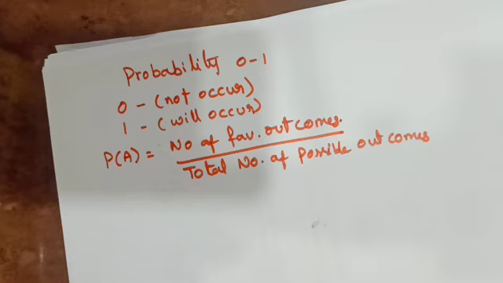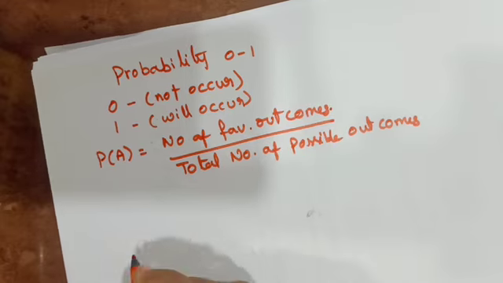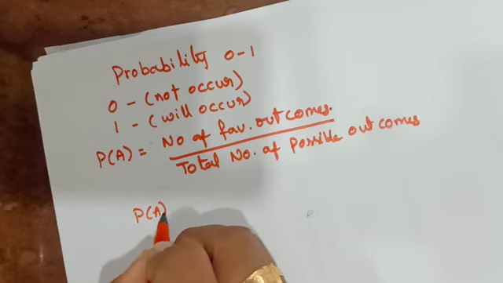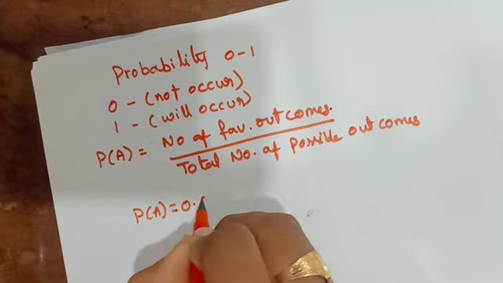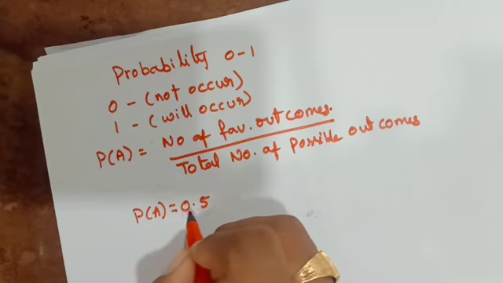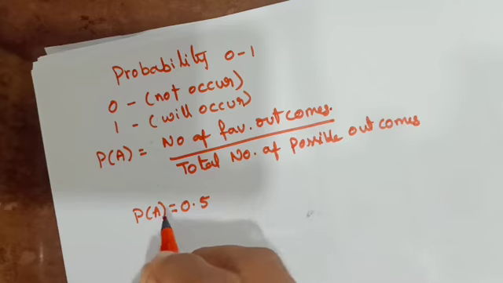So here is how we are going to interpret it. Suppose the probability of event A is equal to 0.5, then the event is equally likely to occur or not occur.